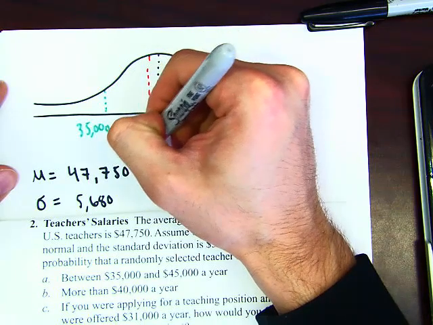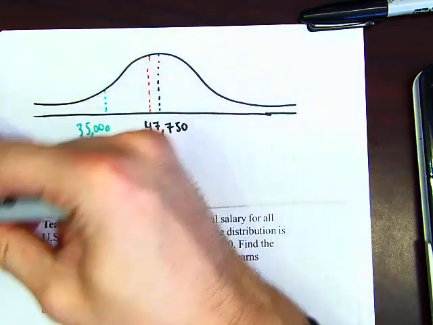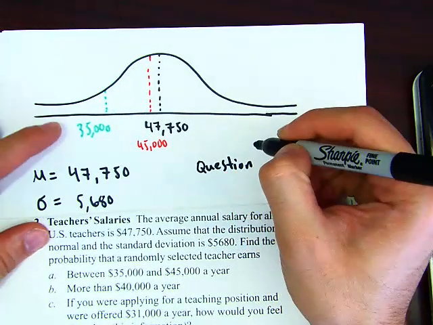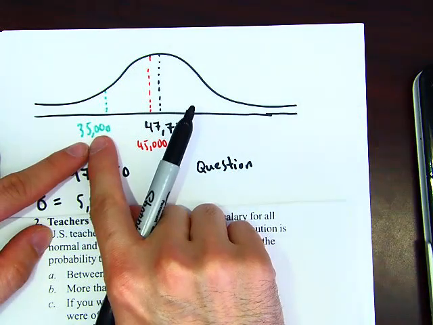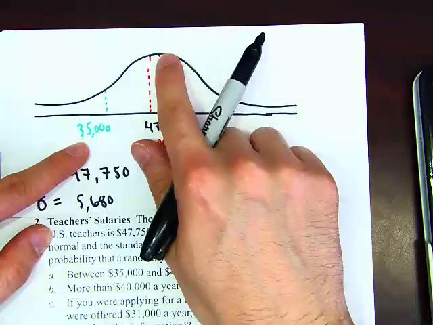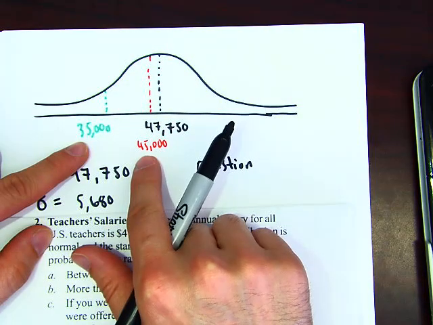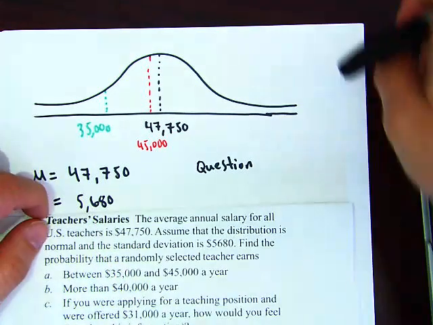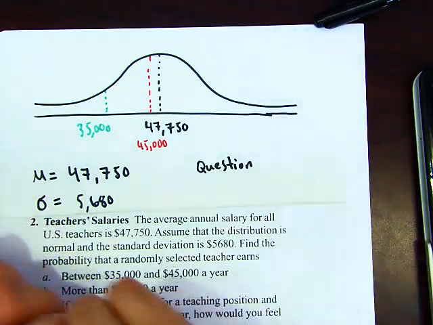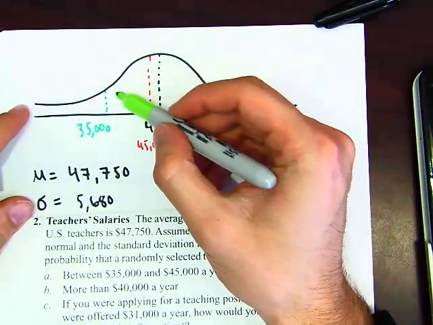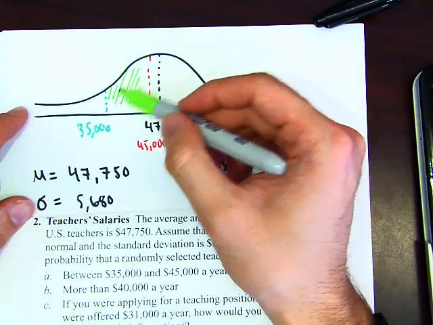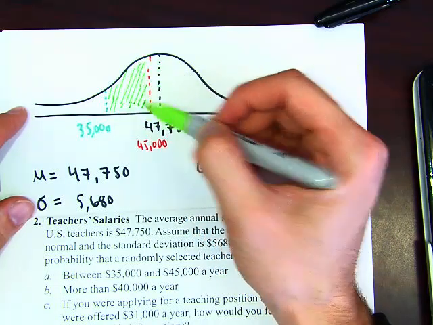So this is 45,000. So now the question is, how many standard deviations is 35,000 away from the center, from the mean? How many standard deviations is this 45,000 away from the mean? What we want to calculate is the area in between here, right? So that's the question, what is this area?